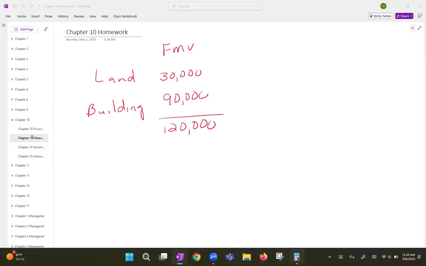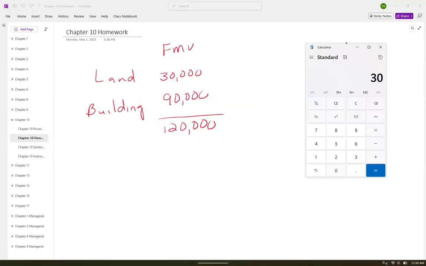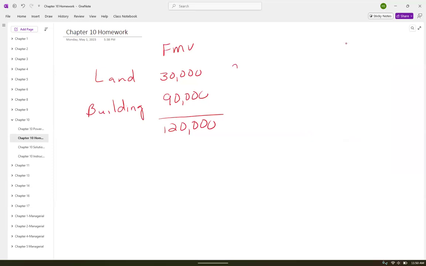I'm going to pull my calculator up here from my previous video. We're going to take 30,000 and divide that by the total of 120,000. That's 25%. Well, we only have one other asset.